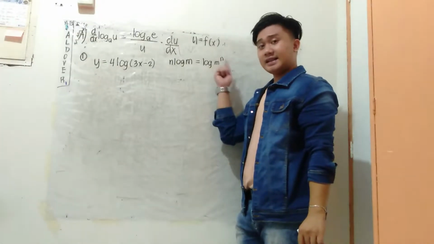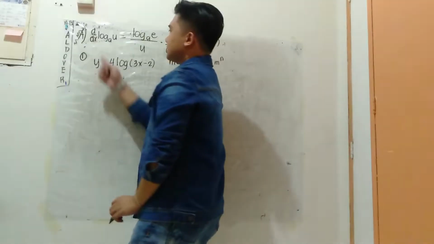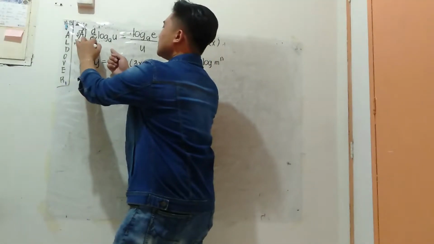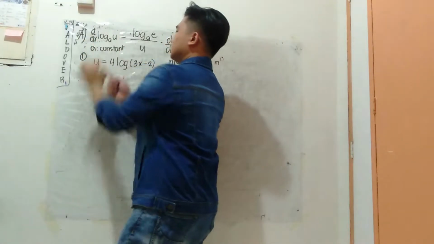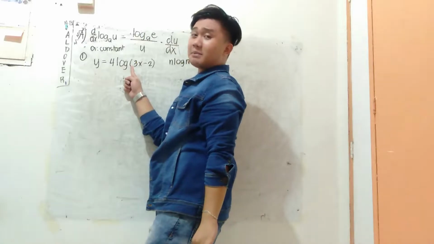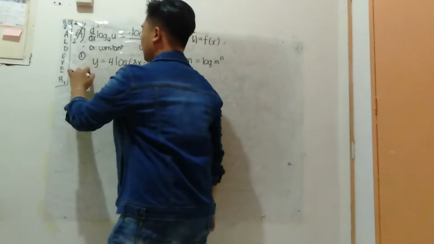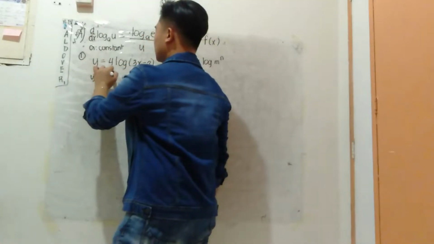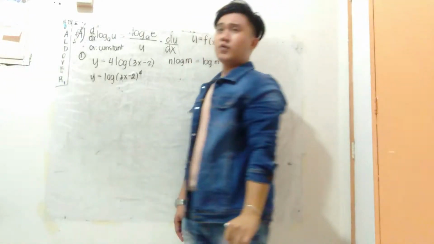Di ba inaral natin to? Naaral nyo na din to? So, yung a nga pala dito, constant lang po yan. Pag wala kang nakita, automatic 10 yun, huwag mo na lang ilagay.